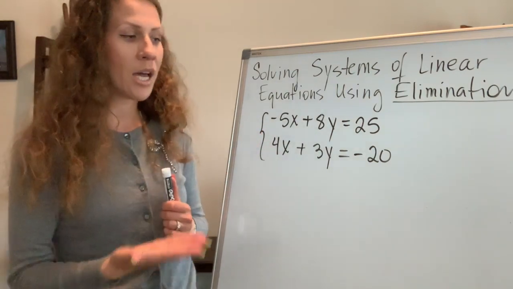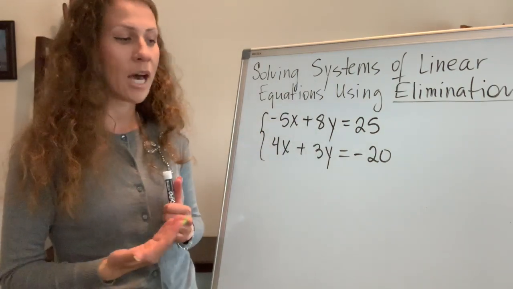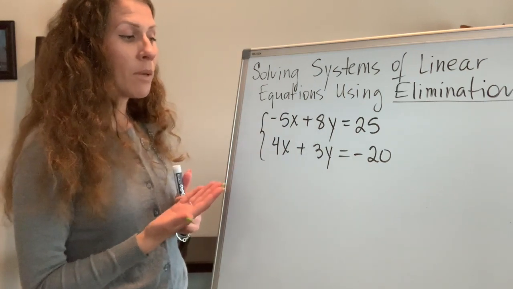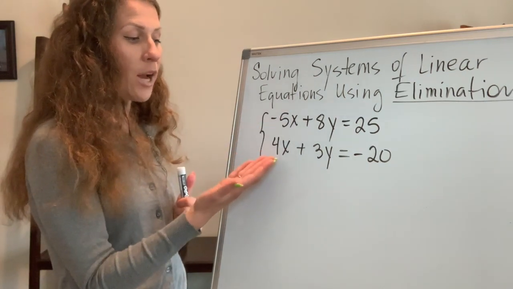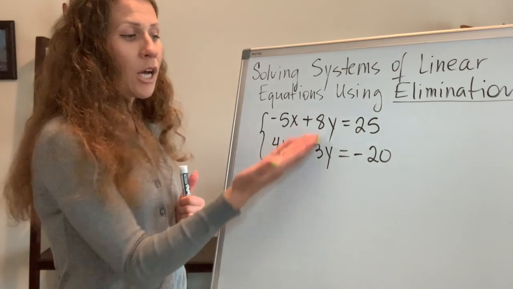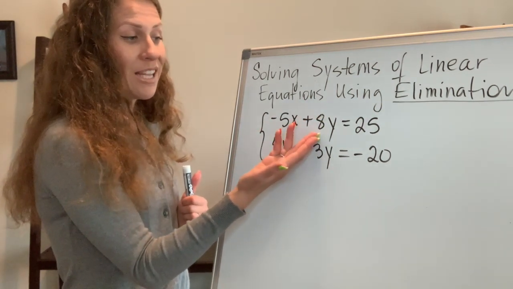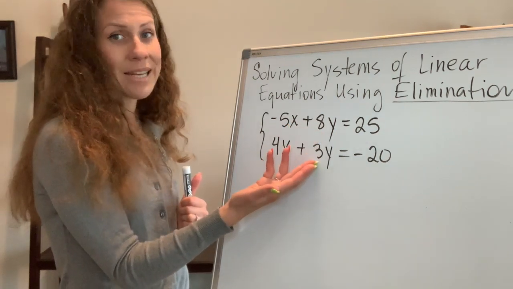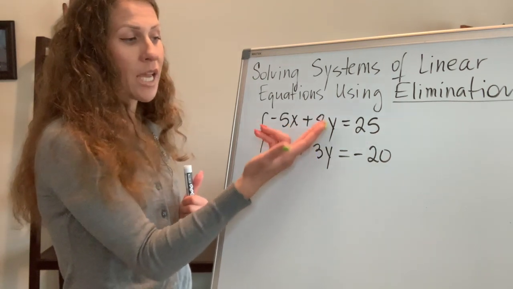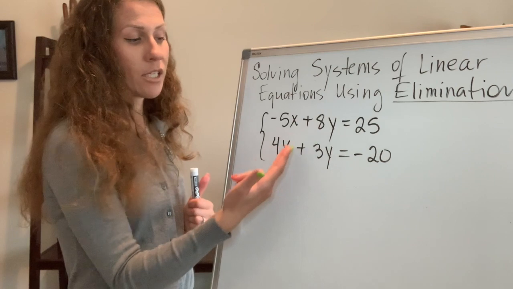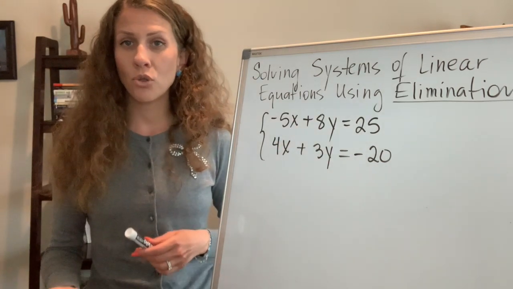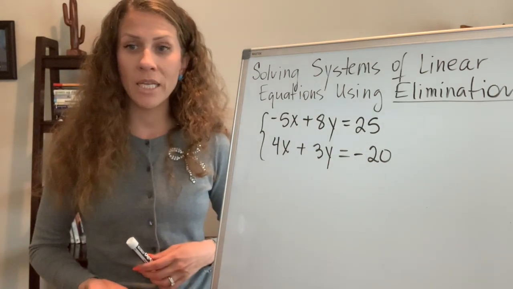How would I make a 20 out of 5 and how would I make a 20 out of 4? Well, probably multiply the first one by 4 and the second one by 5. Now, if I chose to eliminate the y's, I could multiply 8 by 3 and 3 by negative 8, and that would create a 24 here and a negative 24 here.